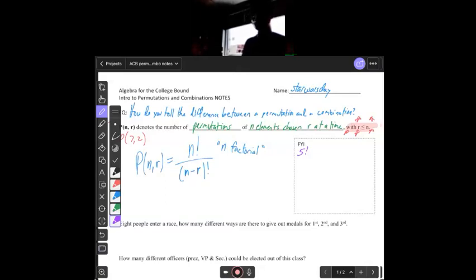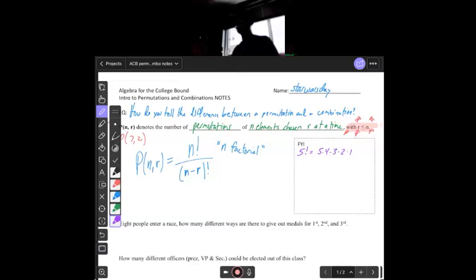What 5 factorial means is 5 times 4 times 3 times 2 times 1. So factorial means you take that number, and you take every whole number after it, not 0, every natural number after it, and multiply them together.